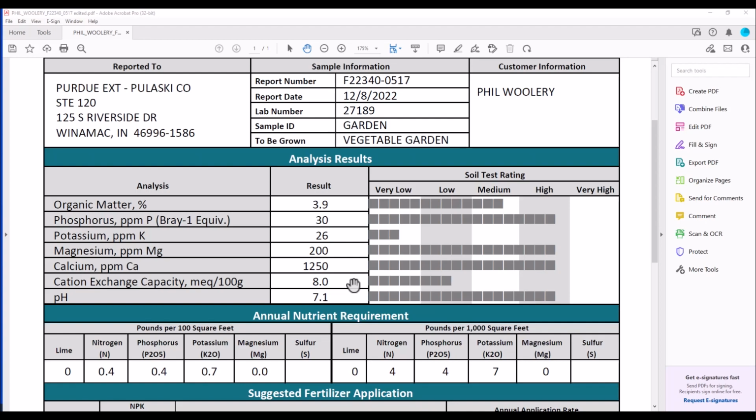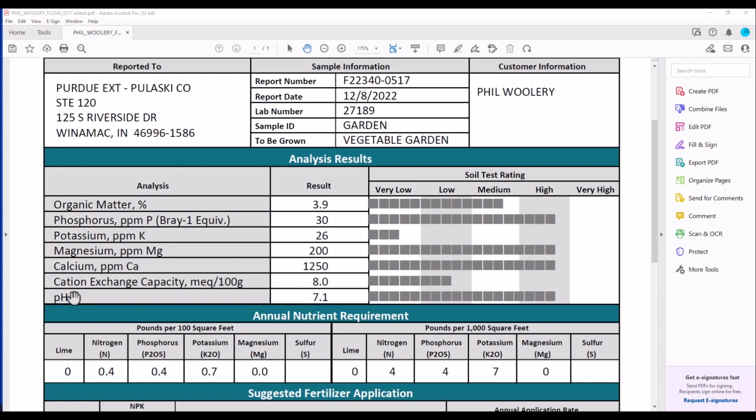Organic matter can also help increase your cation exchange capacity. The value of 8 is rated low, and we do have a fairly sandy soil, so that's probably why we have that measure.